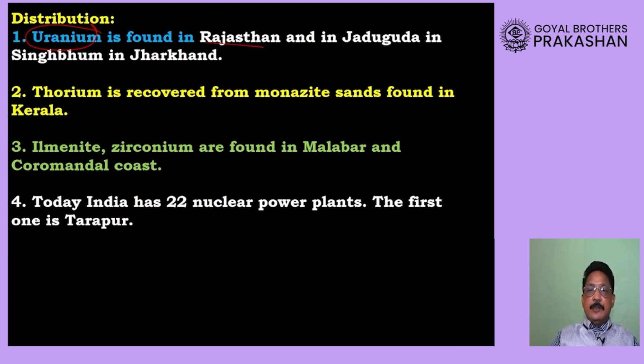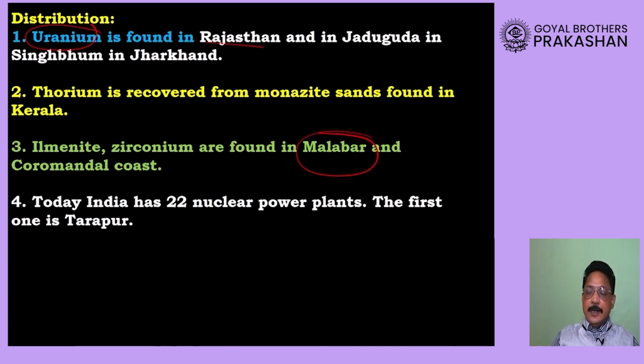Jaduguda in Singhbhum district in Jharkhand is another important place. Thorium is found in Kerala, dear students, in a sand called monazite sand. Then ilmenite, then zirconium. These are other elements used to produce nuclear power, and they are found in the Malabar and Coromandel coast also.